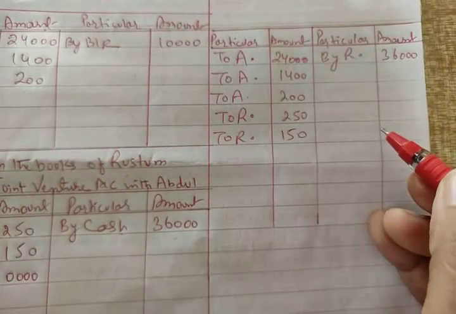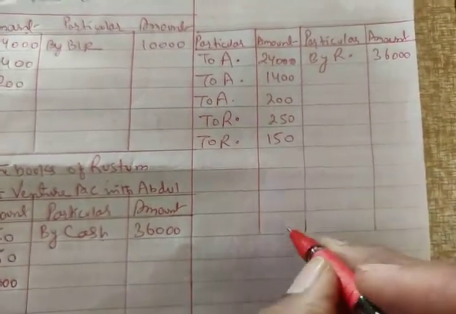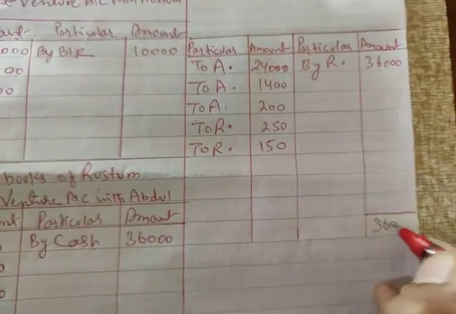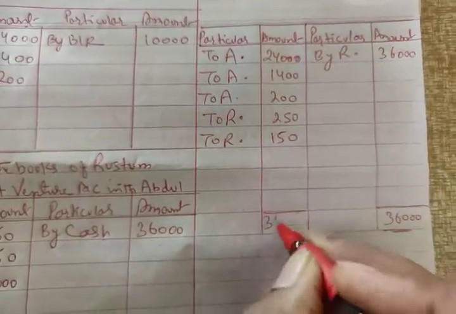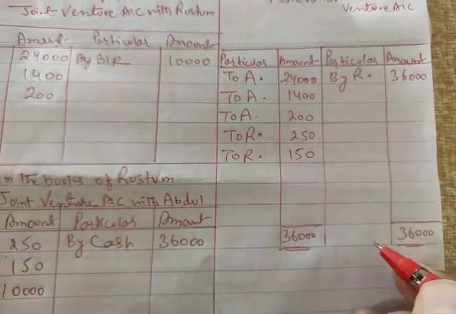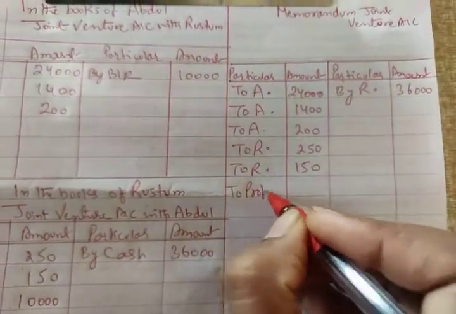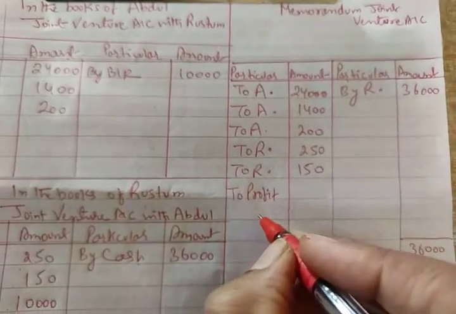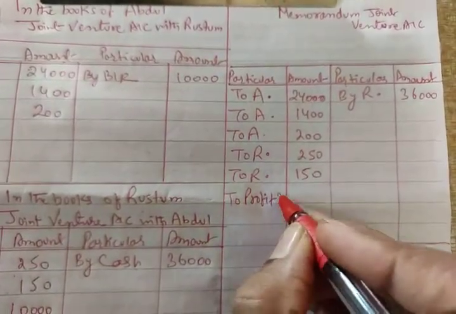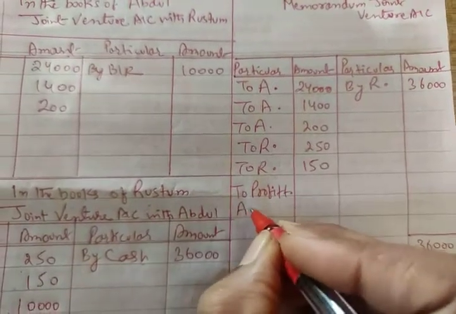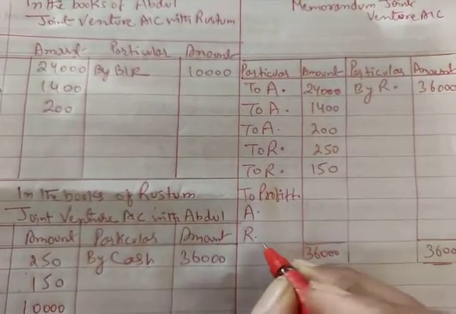Okay, all entries are over. Now we have to calculate profit or loss. So let's make the total on both sides, 36,000. We have a profit because there is a debit side balance. So we need to write to profit transferred, one to Abdul account, another to Rustam account.